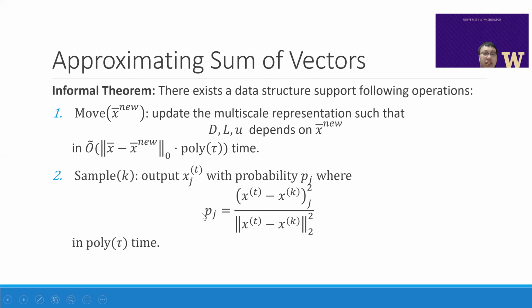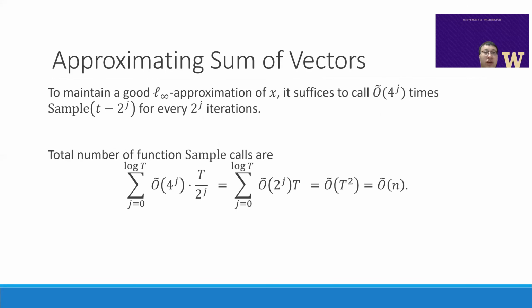And the second one is it supports outputting a random coordinate of x with probability proportional to its L2 norm. Once we get this data structure, we already solve our problem, because once we have an L2 norm squared sampler, then we can directly convert it to an L infinity sampler. Then we can maintain the L infinity approximation using a linear number of sample calls.